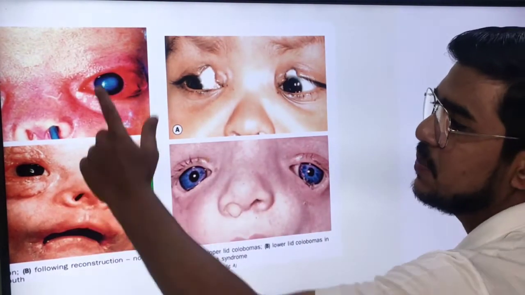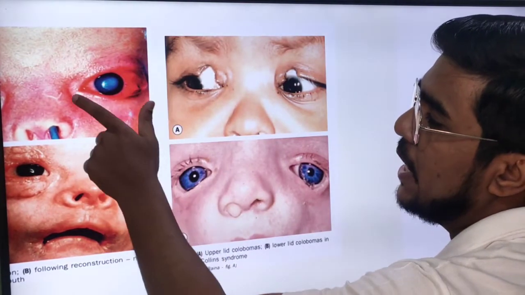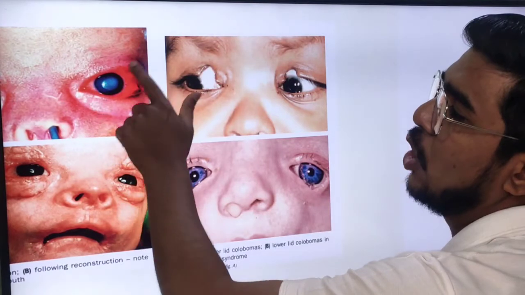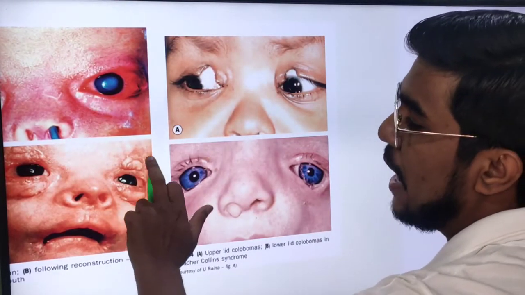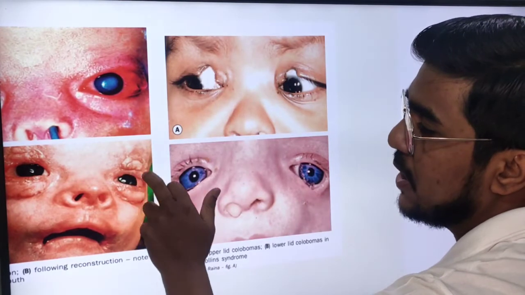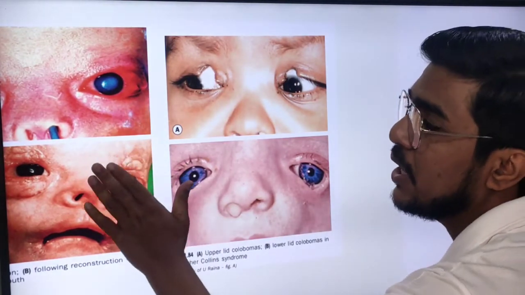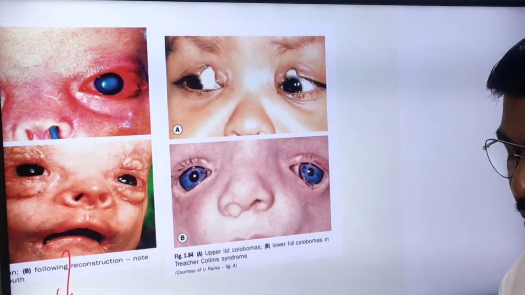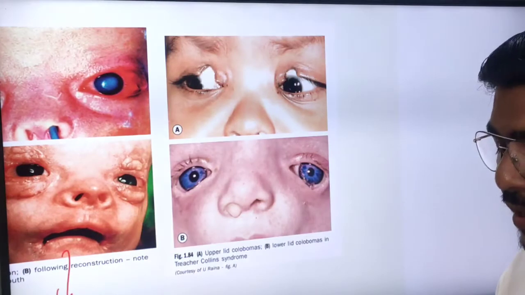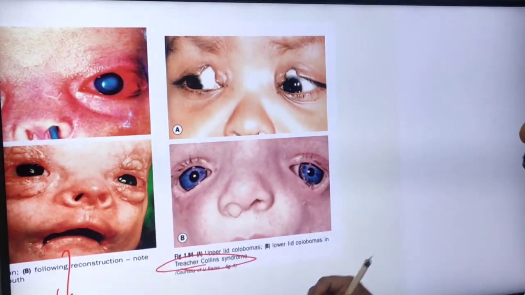So this picture is of ablepharon. There is no eyelid, meaning the anterior lamella has not formed here, right? But after reconstruction surgery, see what we have tried to make of this eyelid. So this is actually ablepharon, and this is Treacher-Collins.